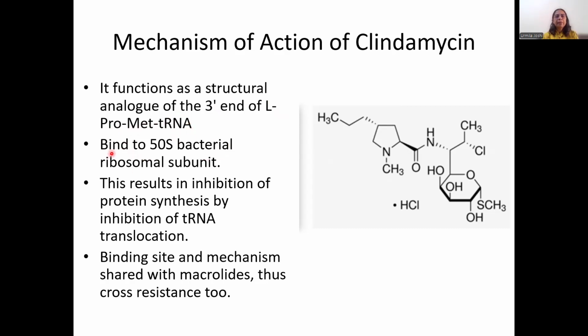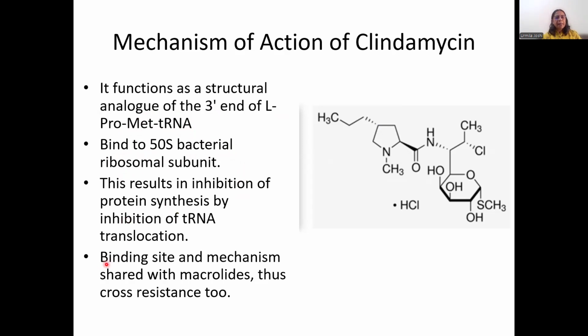Clindamycin therefore can bind to the 50S ribosomal subunit, and this results in inhibition of protein synthesis by inhibition of tRNA translocation as well as attachment of new tRNA.